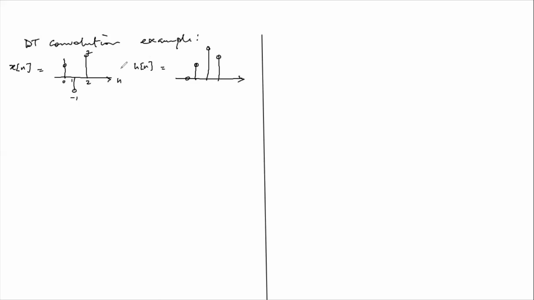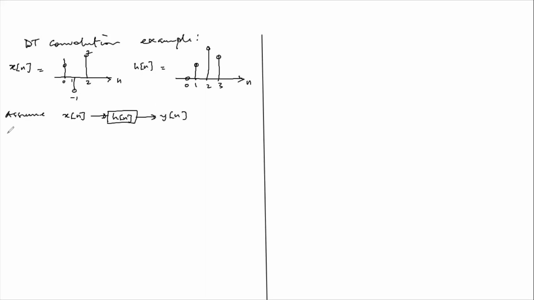So this is n. So this is 0, 1, 2, 3. Good. So if we assume a system of the form x of n into h of n, then we get y of n.